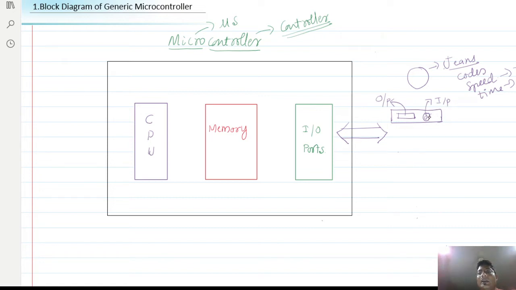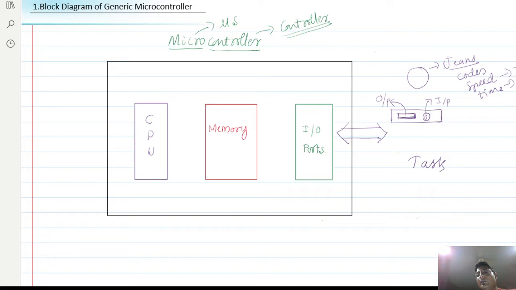If we want to give an instruction to the appliance to perform a certain task, we use the knob, which is directly connected to the input port, and whatever we want the appliance to do will be displayed on the display, which is again obtained because of the output port. That is the role of the input output port.